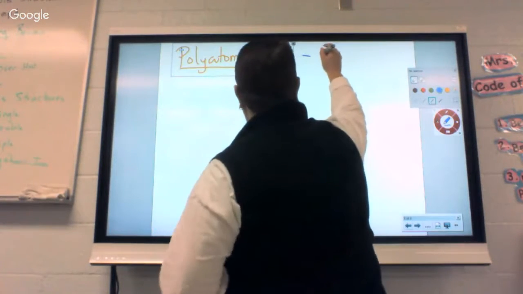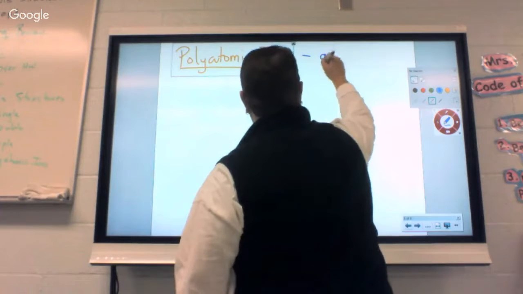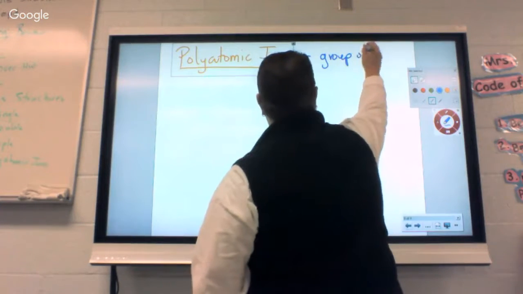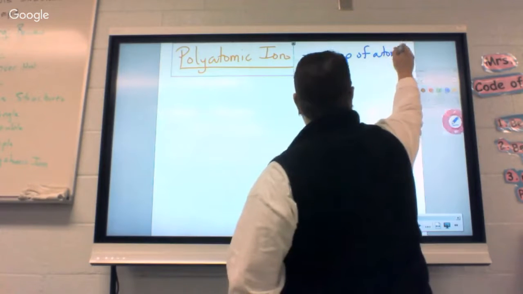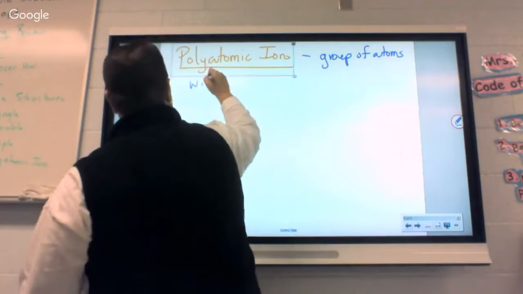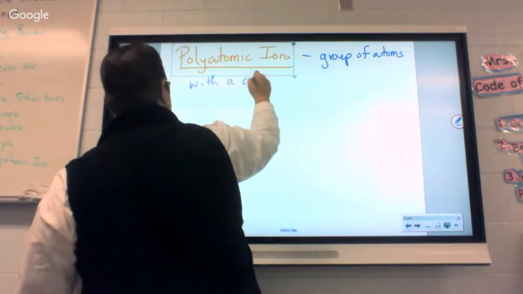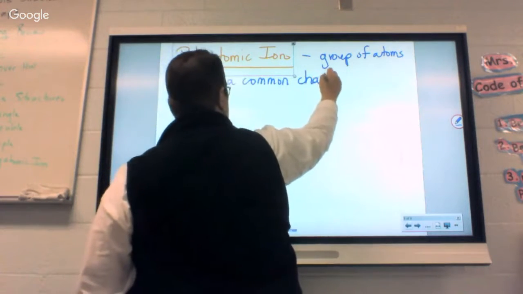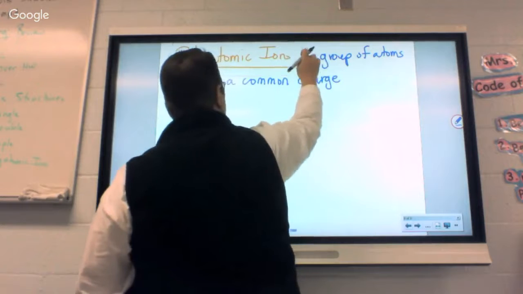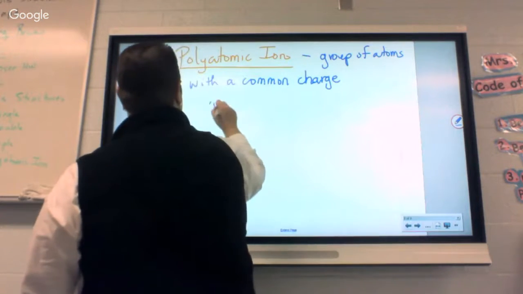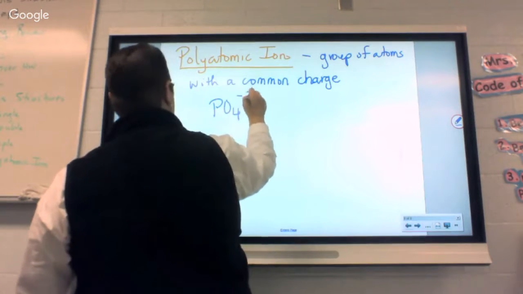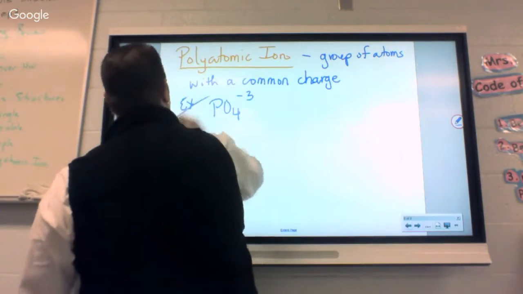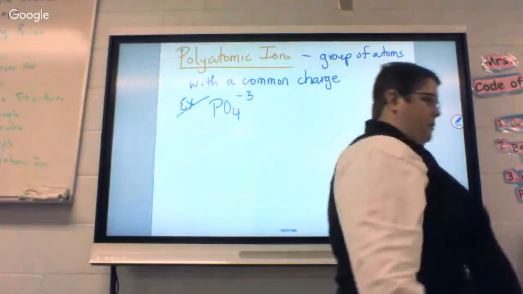Now, a polyatomic ion is just a group of atoms with a common charge. For example, let's say we have PO4 with a -3. Okay? That would be a polyatomic ion.